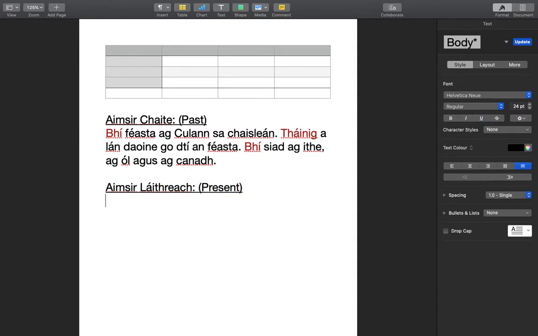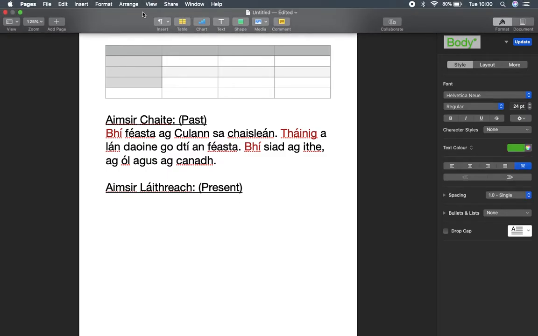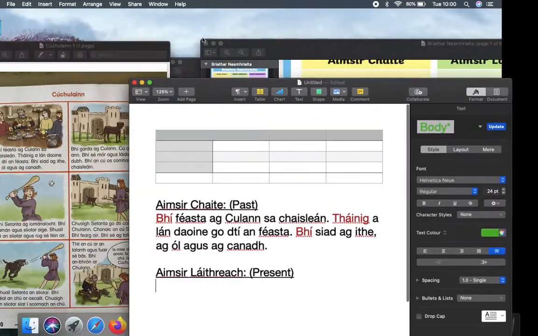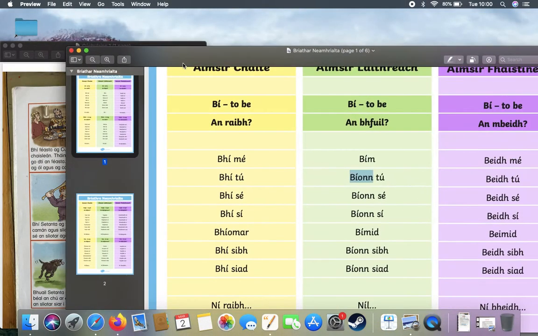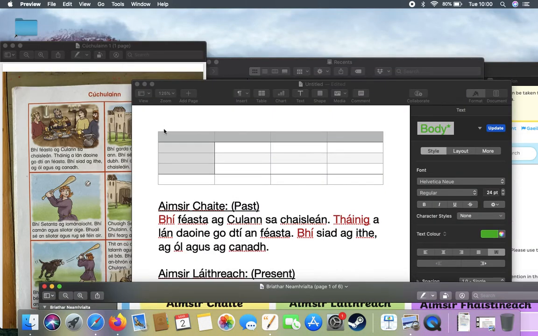So the verb changes, and I told you the verb in the present tense changes to, if you check your little grid here, being. I'm going to put Tá because being is the difference between being and Tá.